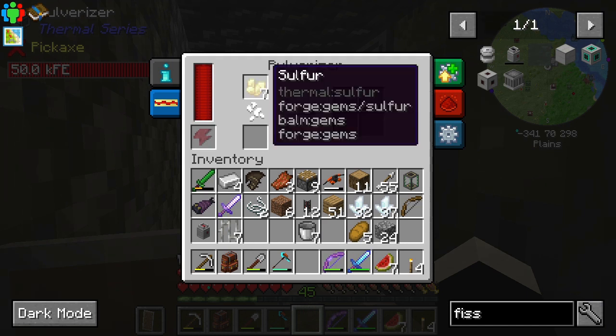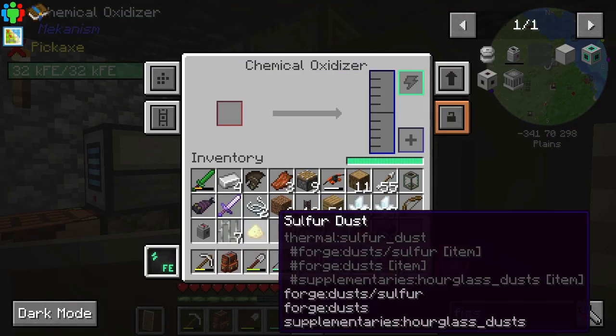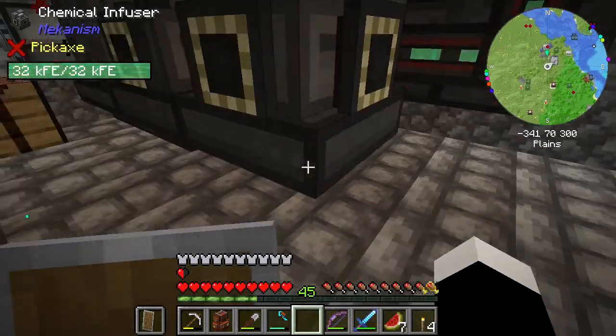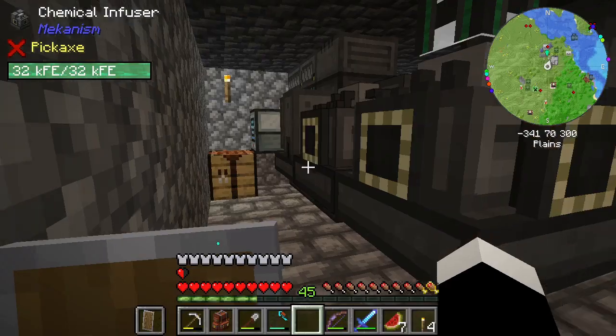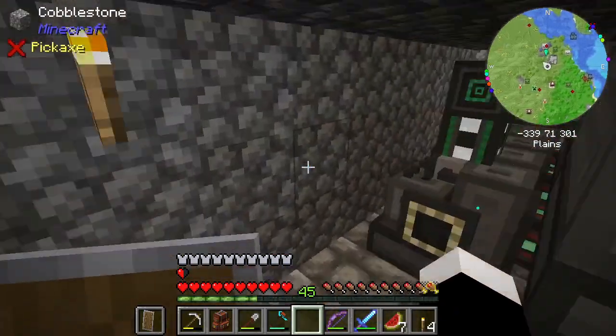I'm going to run 1 unit of sulfur dust through the process and see how it comes out. So 1 unit of sulfur dust makes 100. So to make up the shortfall, I'm going to need a bit more sulfur.